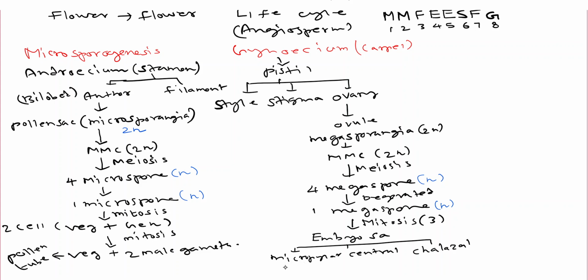In the micropylar end, you can find 3 cells, in the center you can find 1 cell, and in the chalazal end you can find 3 cells. This central cell alone contains 2 nuclei, so we call this the polar nuclei. And the micropylar end will have 1 egg cell and 2 synergids.